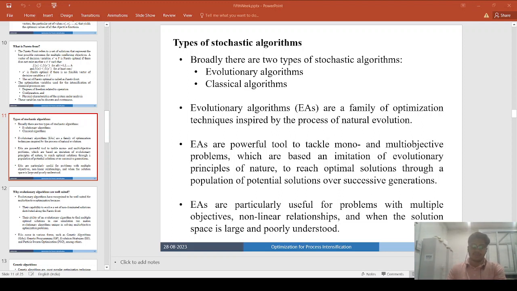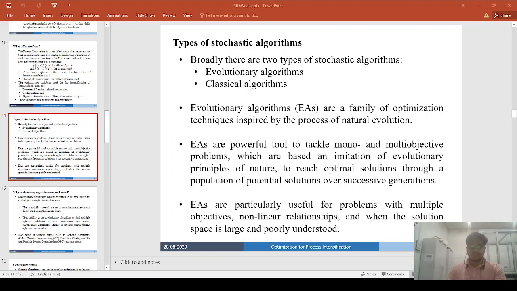The evolutionary algorithms are a family of optimization techniques inspired by the process of natural evolution. Evolutionary algorithms are a powerful tool to tackle mono and multi-objective problems, based on an imitation of the evolutionary principles of nature to reach optimal solutions through a population of potential solutions over successive generations. They are particularly useful for problems with multiple objectives, non-linear relationships, and when the solution space is too large and also poorly understood.